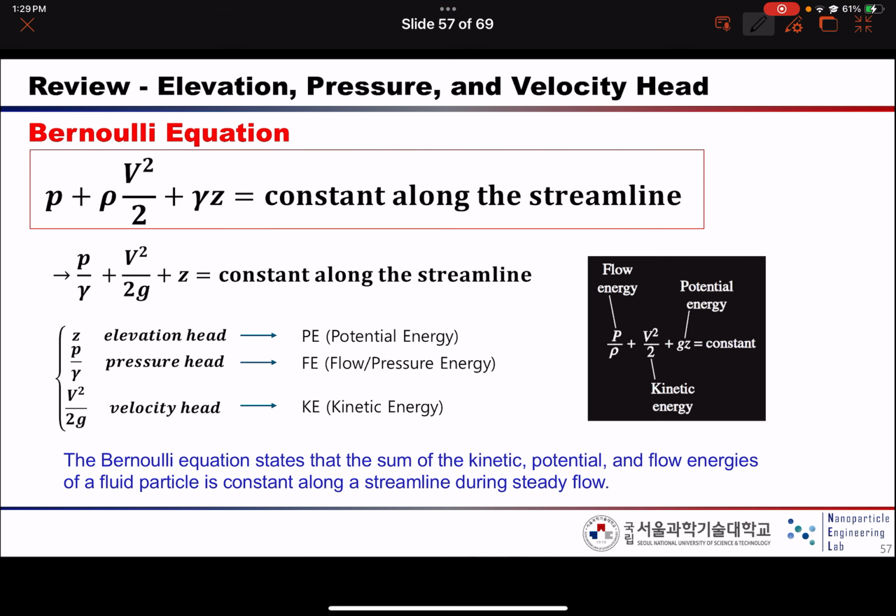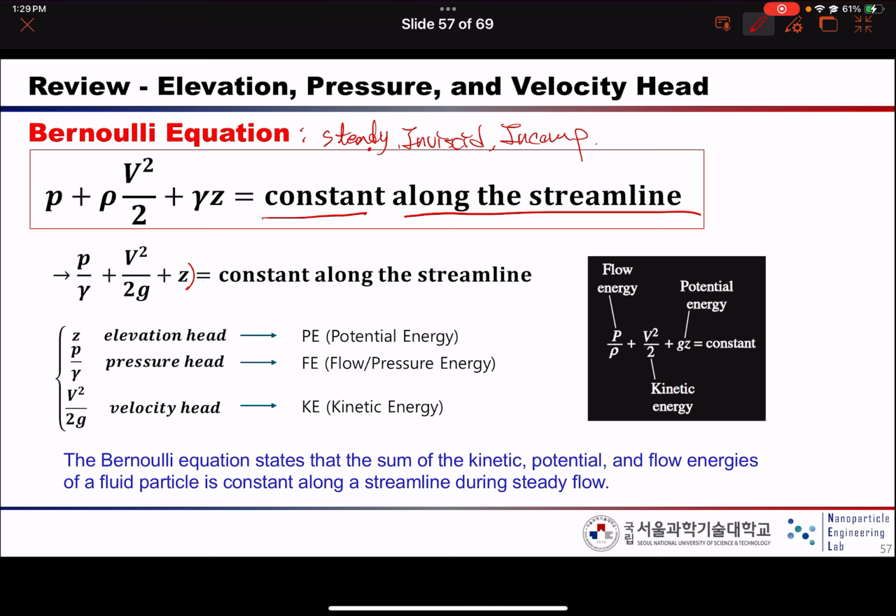So let's review the Bernoulli equation. The Bernoulli equation is P plus rho V squared divided by 2 plus gamma Z equals constant along the streamline. So be careful. Again, to use the Bernoulli equation, the flow should be steady, inviscid, and incompressible, right?